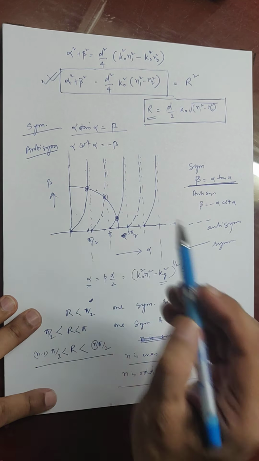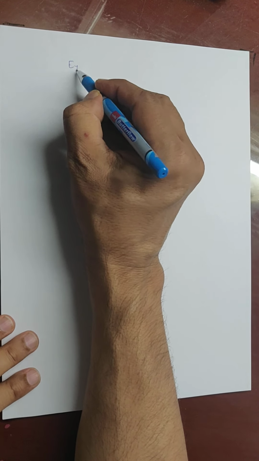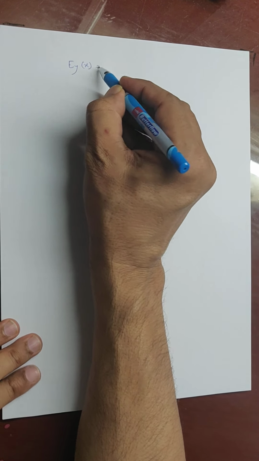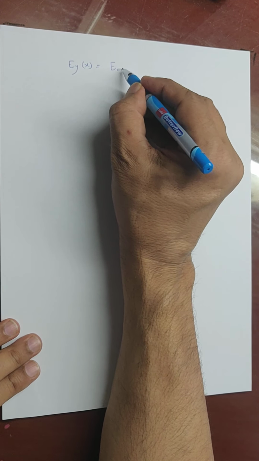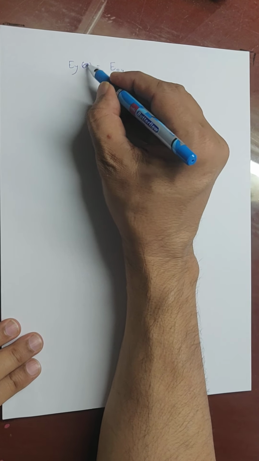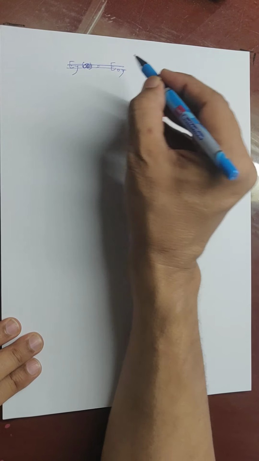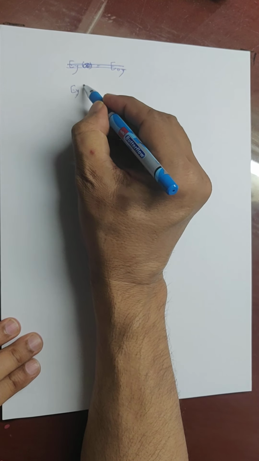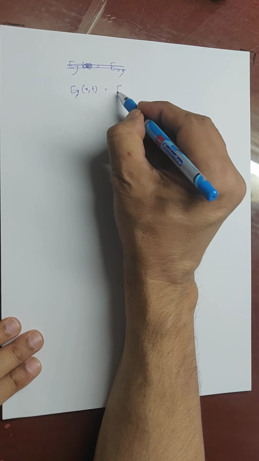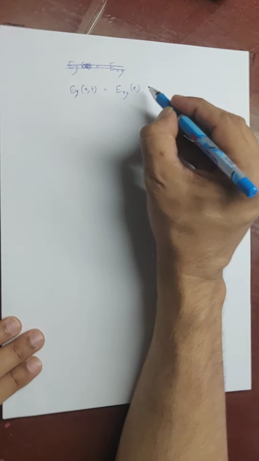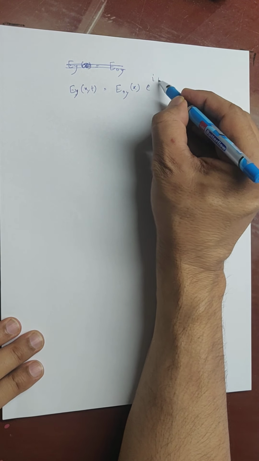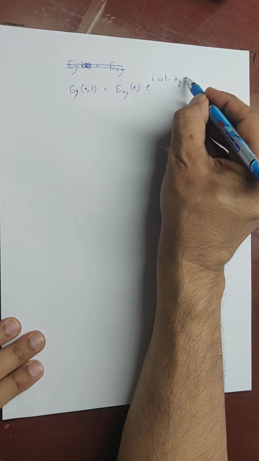If you talk of the solution, as we had started with, Ey as a function of x and t is equal to E0y as a function of x into e to the power i omega t minus kg z.